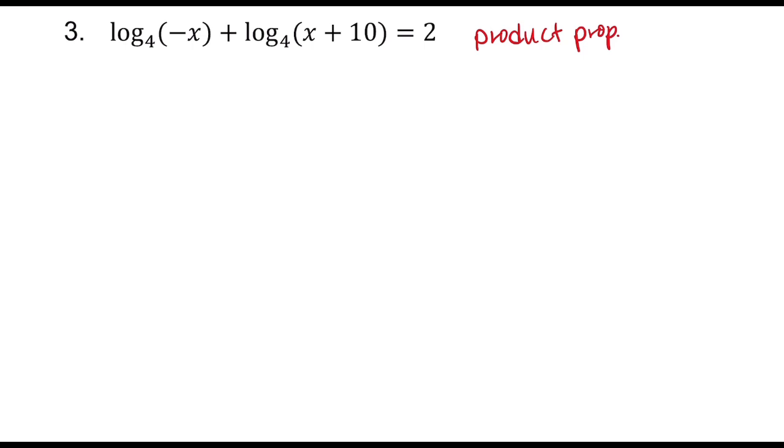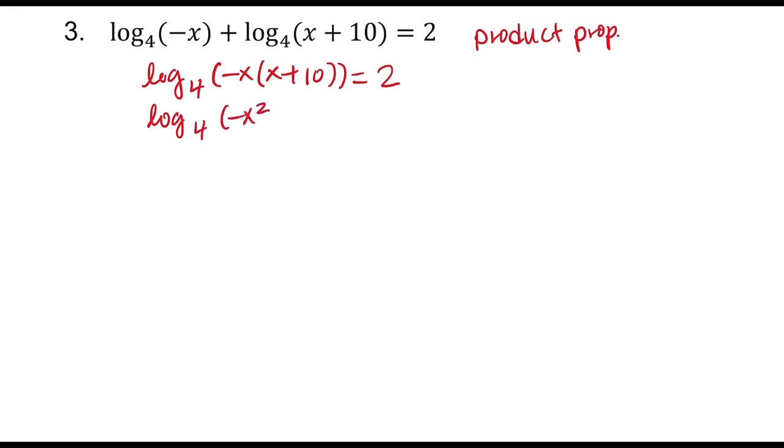So in order to do that, we can just multiply our arguments with each other. And now I'm going to simplify the argument. And that's going to give me log base 4 of negative x squared minus 10x equals 2.